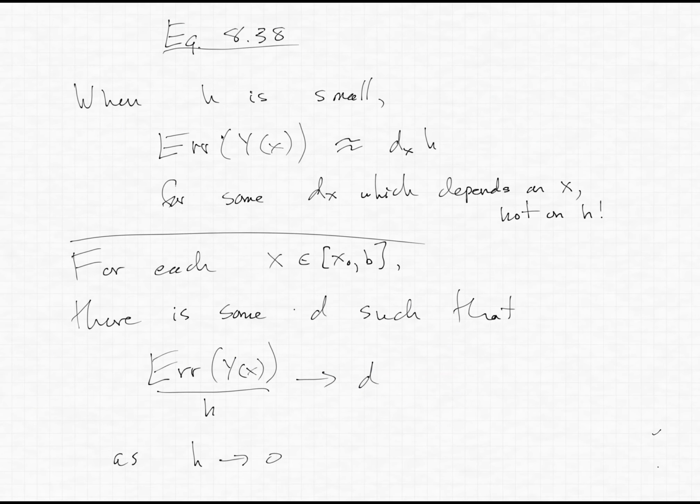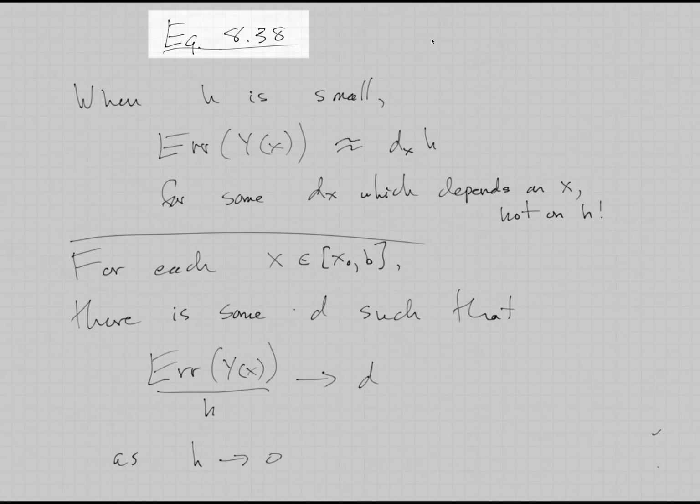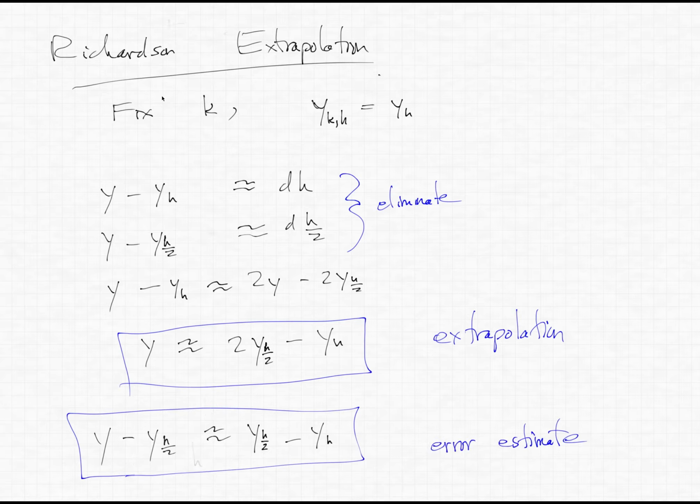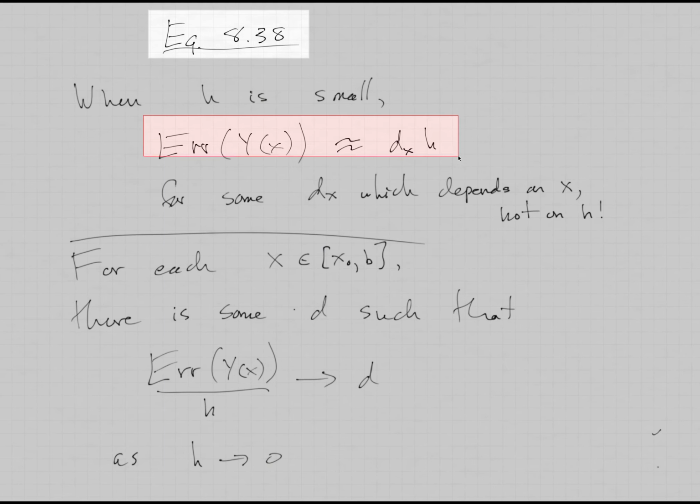So to state this more precisely, if you look in the book, this is equation 8.38 in the textbook. It's a more precise statement of this. It says that when h is small, the error in y at some point x is proportional to h.